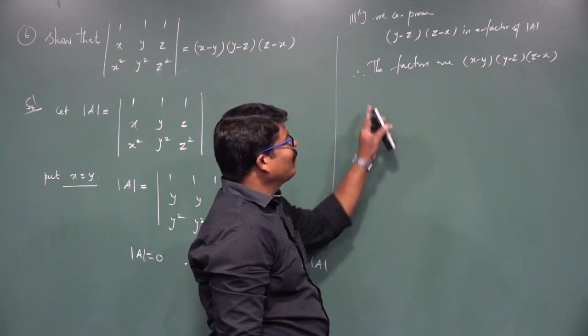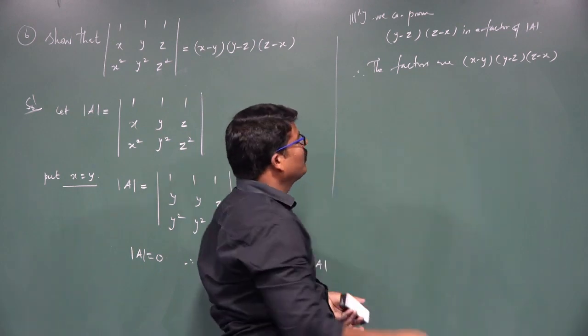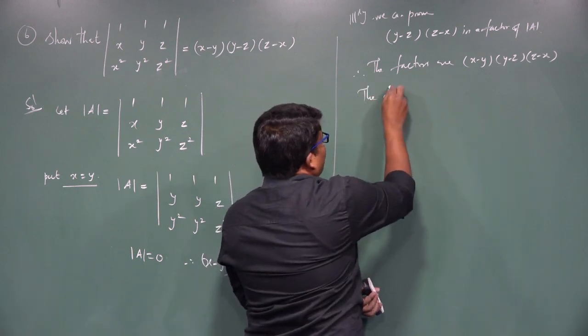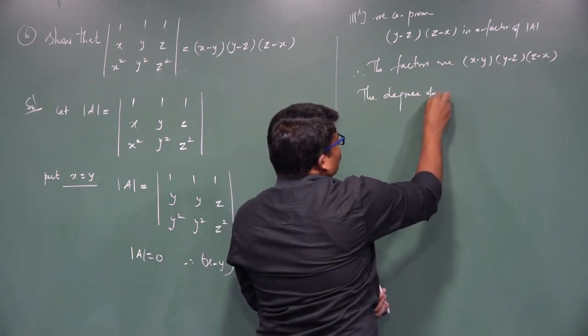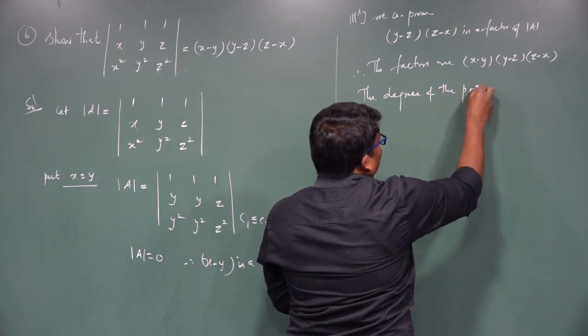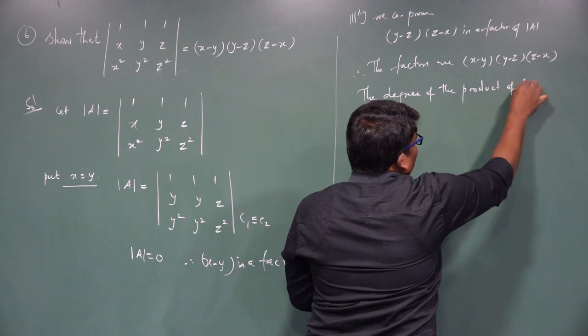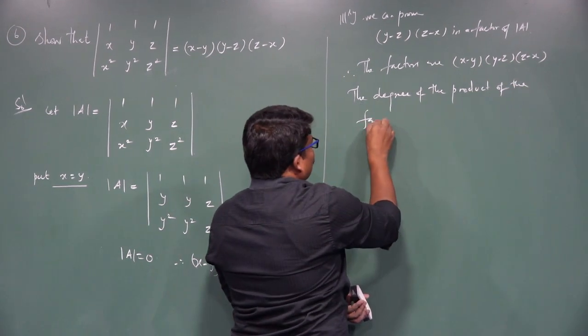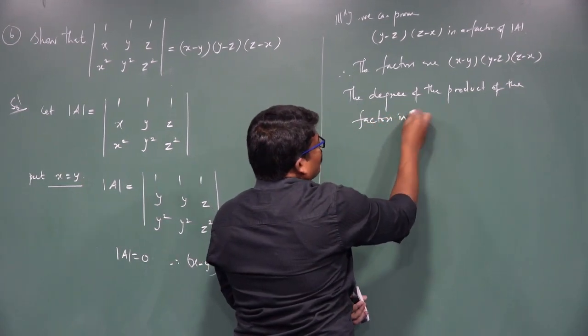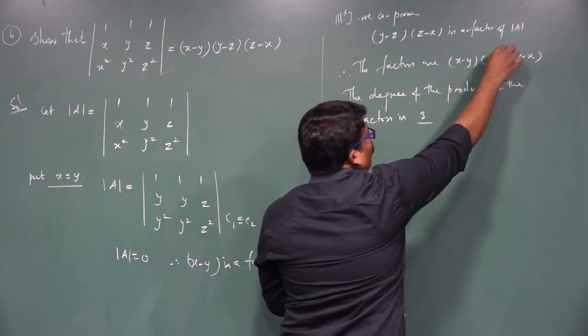The next one, the degree of the product of the factors is 1 plus 1 plus 1, which is 3.